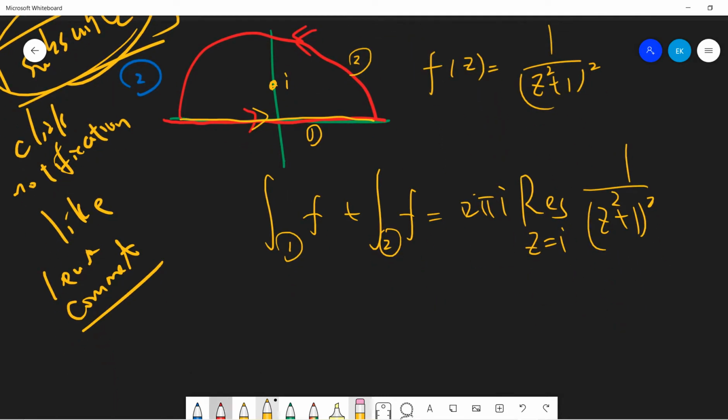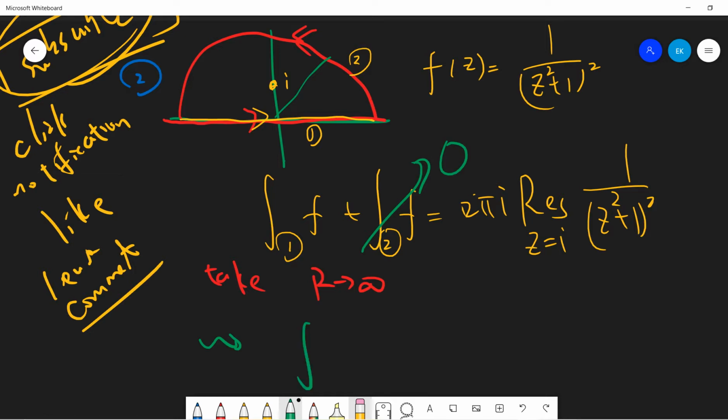If you take the radius to be infinity, then your first part, the r part, will be 0, right? Because this is z to the fourth, and the dz only gives you 1. So when r goes to infinity, this second part is 0.